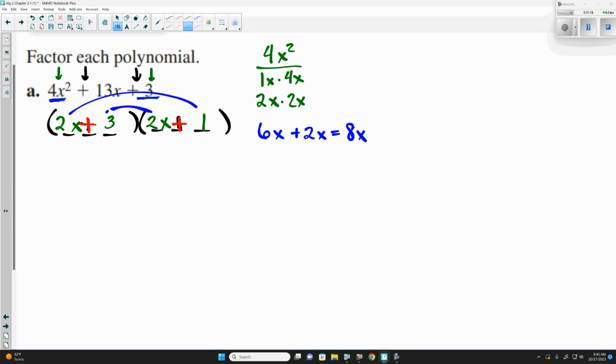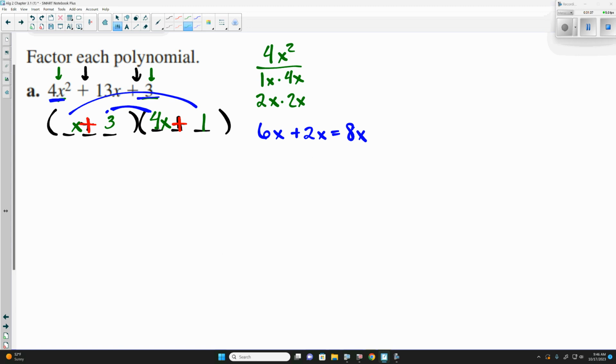So instead of doing 2x and 2x, we can do 1x and 4x. So the question is, where do we want to put the 4? We're on the second spot. I'm just picking one of them.